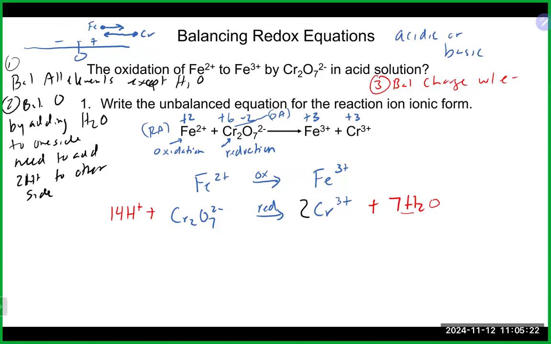They do not have to be 0 on both sides. They just need to be the same number. So the easiest way to do this is just to look at the overall charge. Now, some people look at each element and see what's happening with the element, but frankly, that's a waste of time because all the oxidation states need to add up to the overall charge. So if the thing adds up to 0, it's all going to add up to 0 anyways. So you might as well just look at the overall charge.